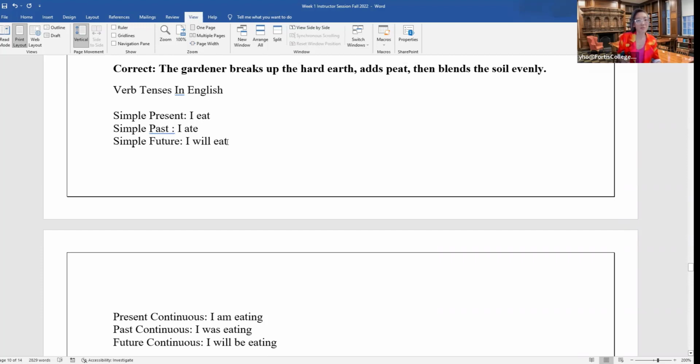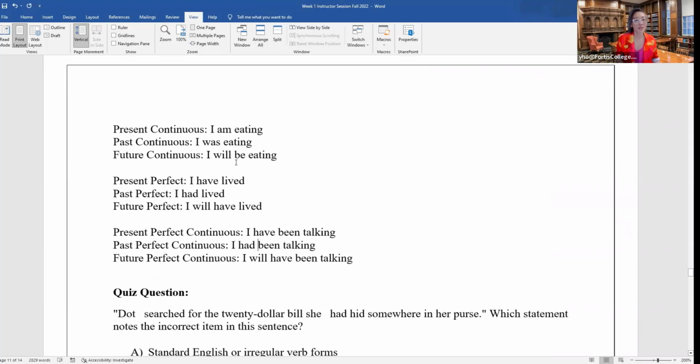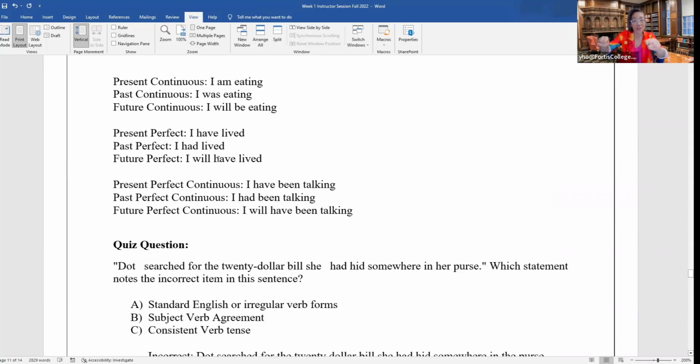So when you have the simple tenses, it's one action happening in the past, present, and future, finished. This one is one action happening in the present, past, and future, but it's still doing it. You're still going on, you see. And then here you've got the two actions finished, and here you have the two actions running into each other. Those are all of the 12 tenses of English.